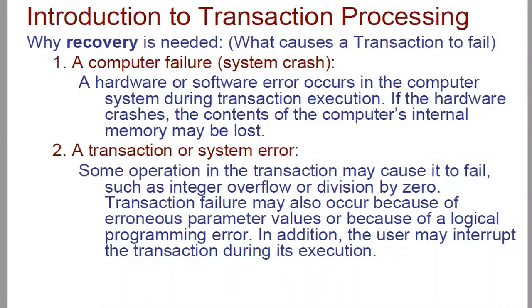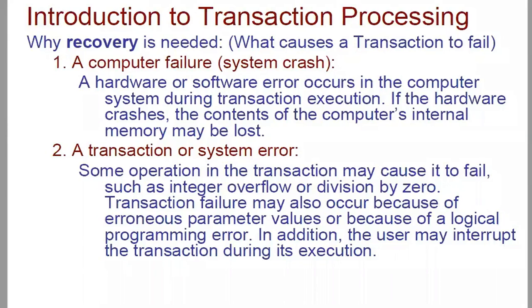A hardware or software error can occur in the computer system during transaction execution. If the hardware crashes, the content of the computer's internal memory may be lost. Suddenly the transaction data available in the RAM will be deleted, right?